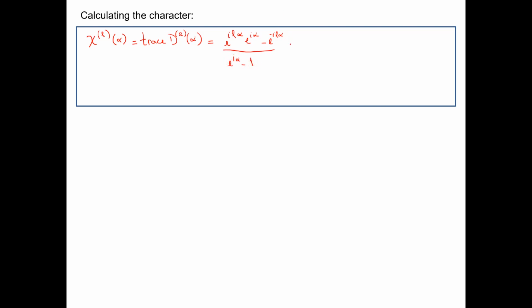And I can multiply this to make it more symmetric.